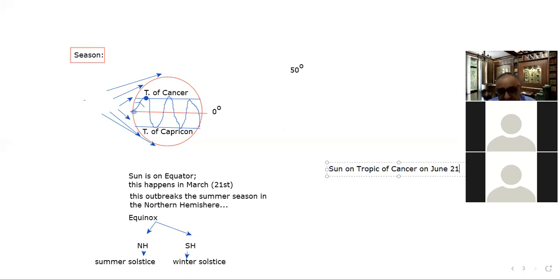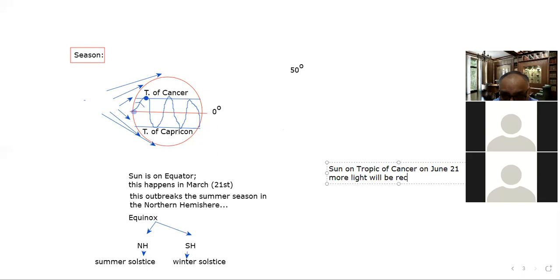Now when the sun is here, the northern hemisphere will receive the maximum amount of insolation on the planet. It means that in the northern hemisphere, a place at the tropics or otherwise, will receive light for the maximum length of the day.